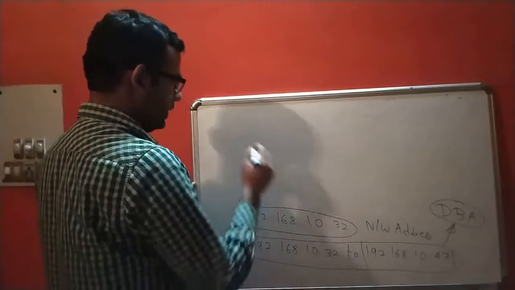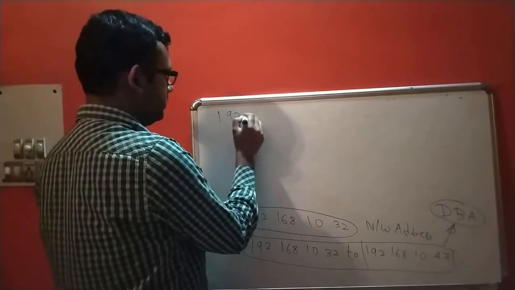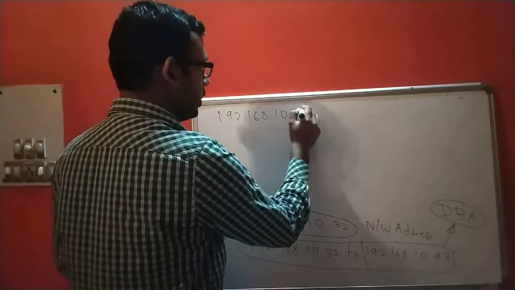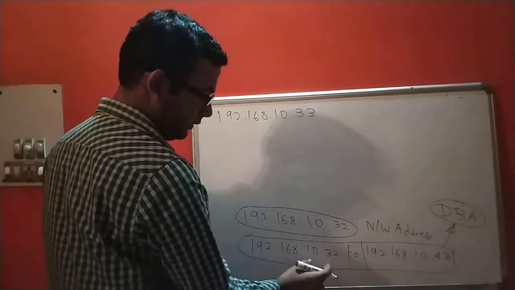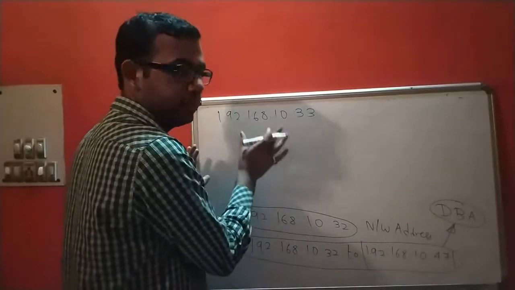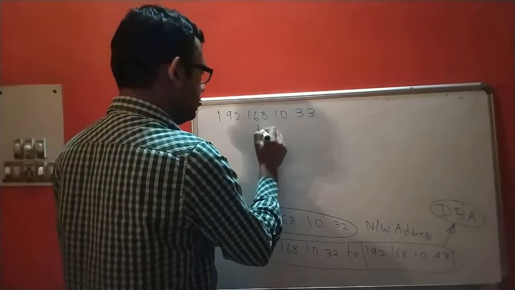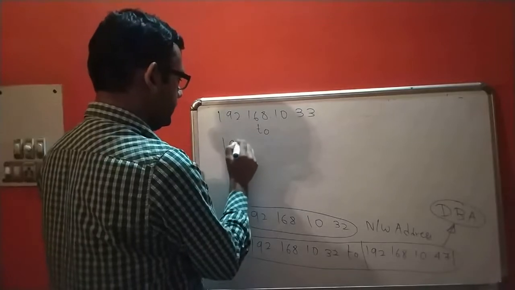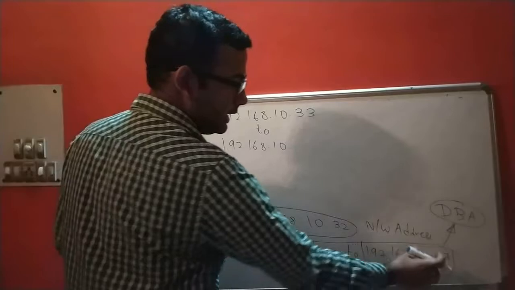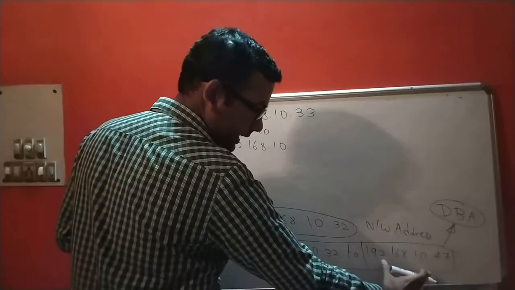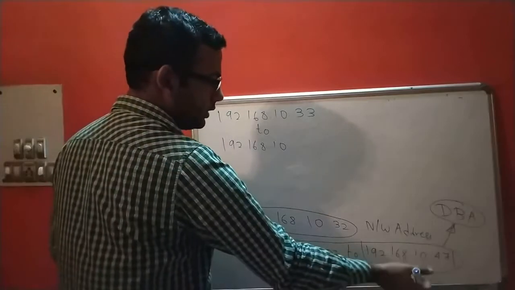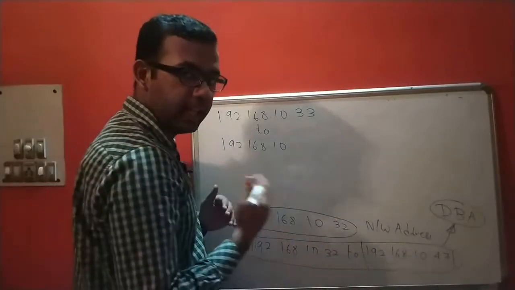The range will now come to be 192.168.10.33. The first one has been used up for the network address, so this is my first valid host. To 192.168.10, the last IP address is used for the directed broadcast address, so the previous one will be my last valid host.